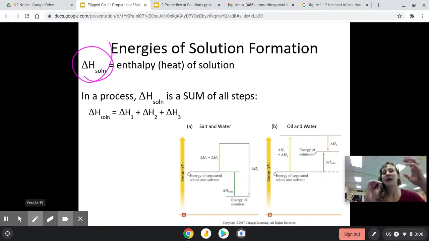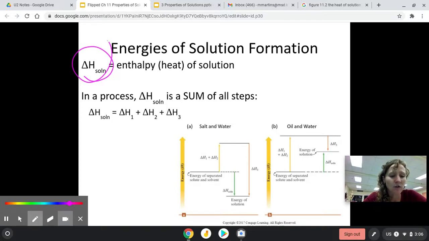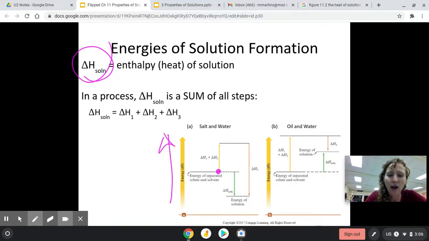So, the enthalpy or the heat changes that occur over a whole process can be added together to give you the total heat change for that process. And sometimes this total heat change gives us an indication of why the process occurs. We can look at two different processes here. So, for example, this first one, this is like a potential energy graph.